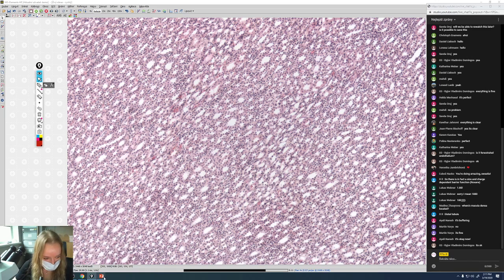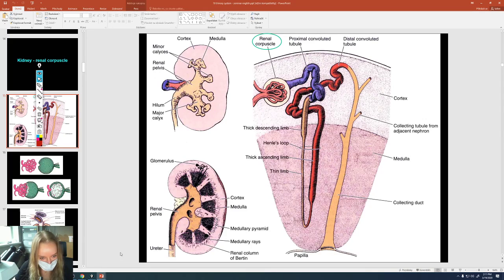You probably already know that the loop of Henle has its thick descending limb, or thick part, and thin part. The thin limb of the loop of Henle is going to look like vessels. There's going to be simple squamous epithelium in the thin limb, and the thick limb is going to look like the other tubules that we described earlier.